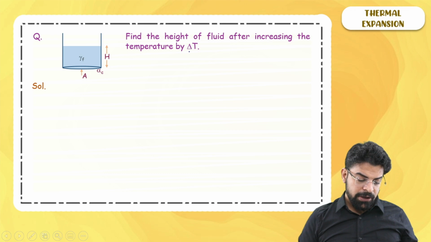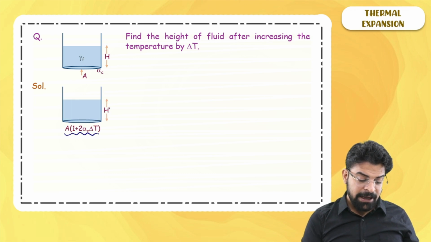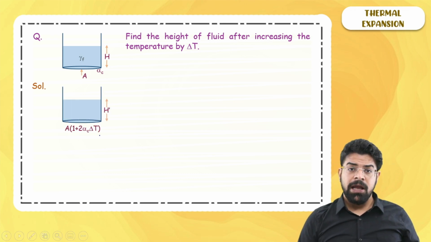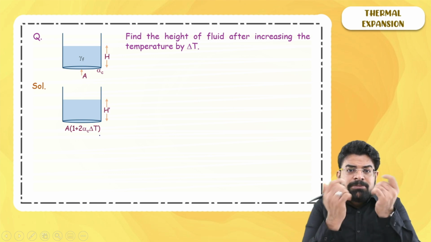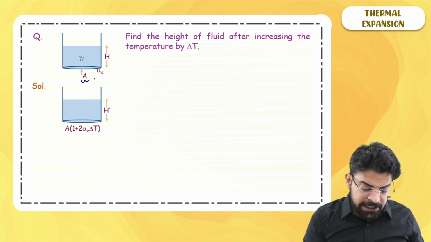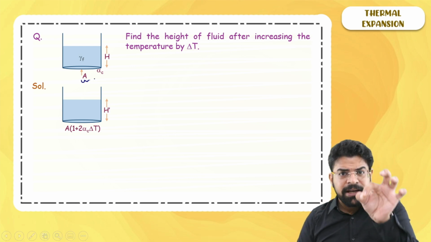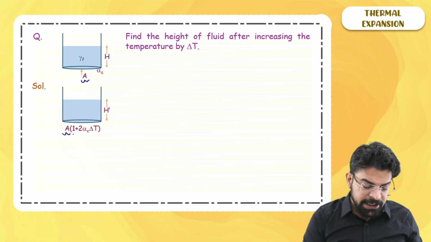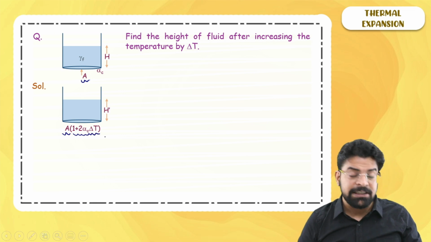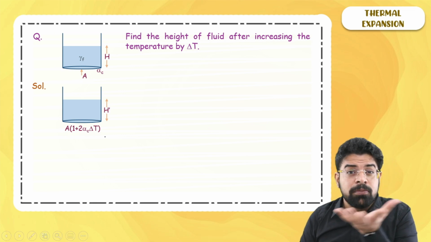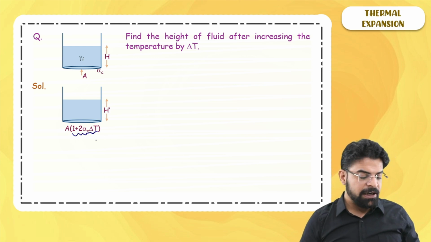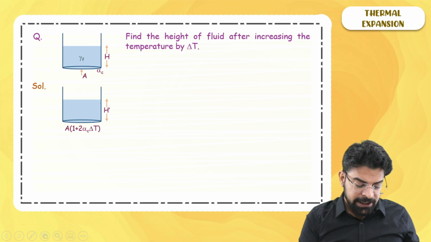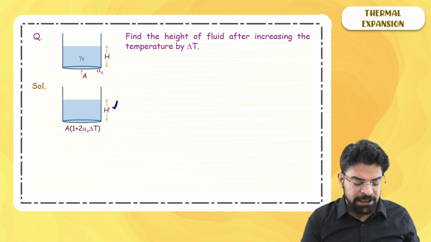So you will say, after heating, the base area will increase. The container's base area will increase because the container will expand. If the original base area of this container is A, then after heating, the base area will be original base area into 1 plus 2 alpha C delta T, because we are talking about superficial expansion and beta is 2 alpha. Let's say after heating, the final height of the fluid is H dash.